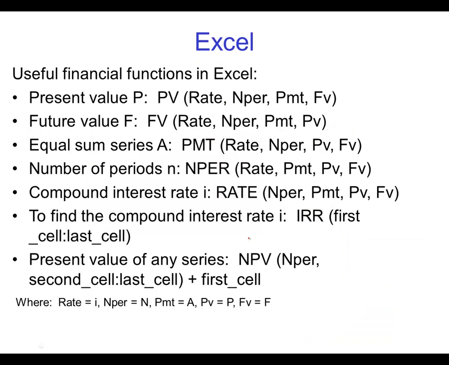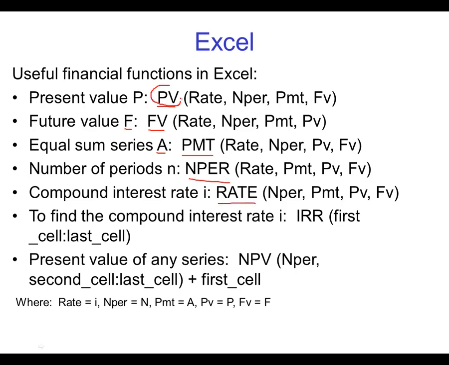So the Excel shortcuts or functions, the financial functions that you need to know: for present value, it's PV; for future value, it's FV; for annuity, A, it's PMT, payments; for n, which is the number of periods, it's NPER; and for the compound interest rate, it's called just rate.